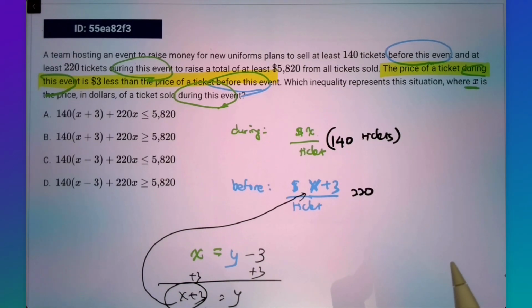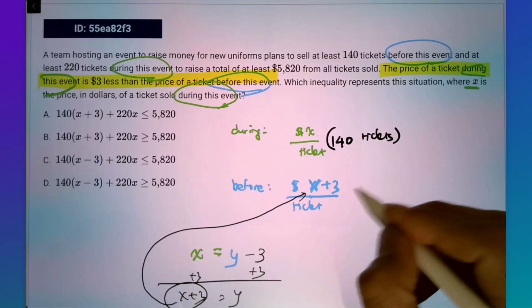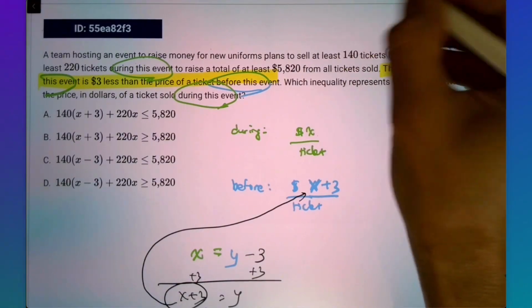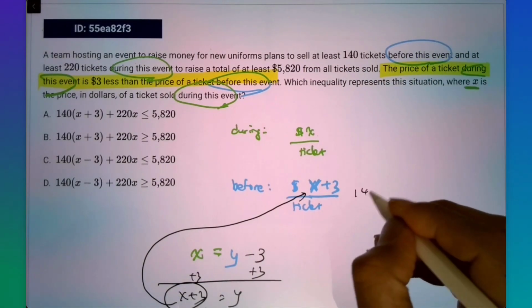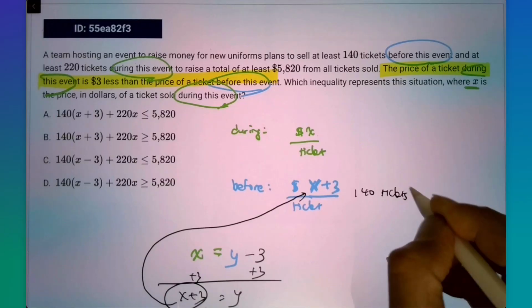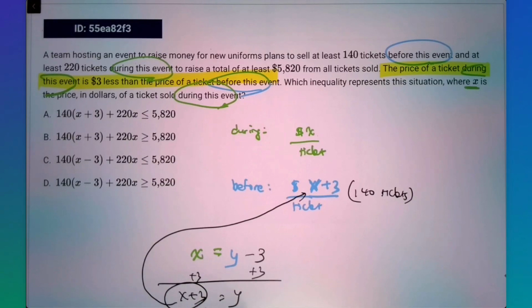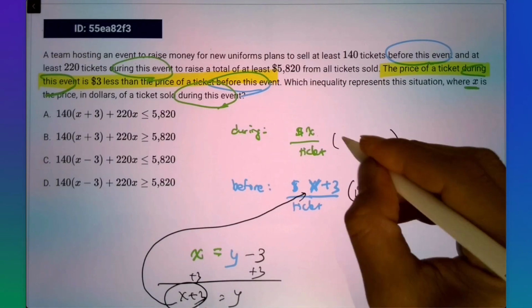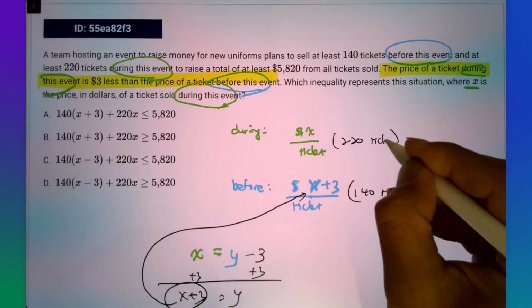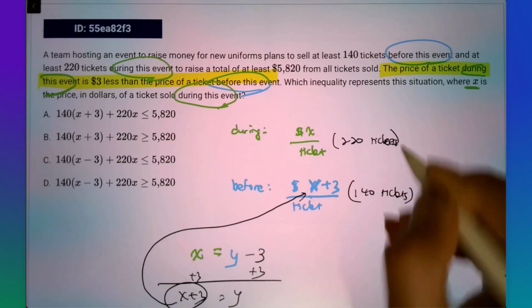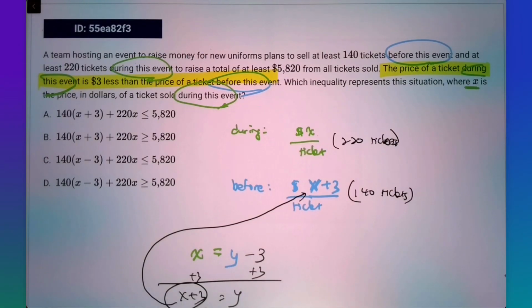Oh, I think I mixed them up. So 140 on the bottom, and 220 tickets on the top. Now it said they want to raise at least $5820.